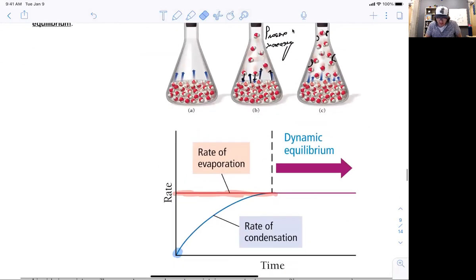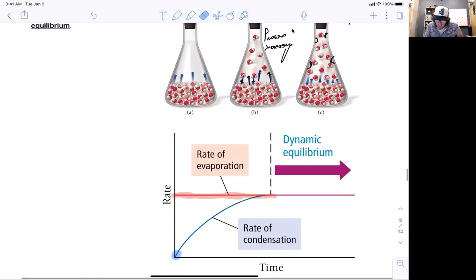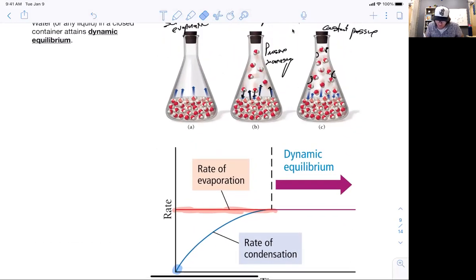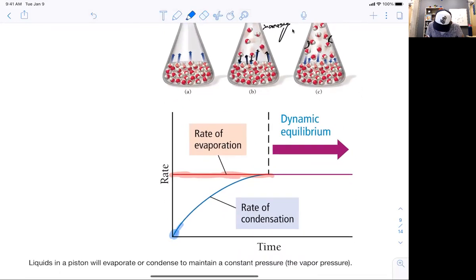So at the beginning, the rate was 0. But over time, as more water molecules go into the gas phase, more start to condense. So it starts to speed up a little bit. At some point, though, after B, the 2 rates are equal, and there's no net change. So dynamic equilibrium is achieved when the rates are equal.